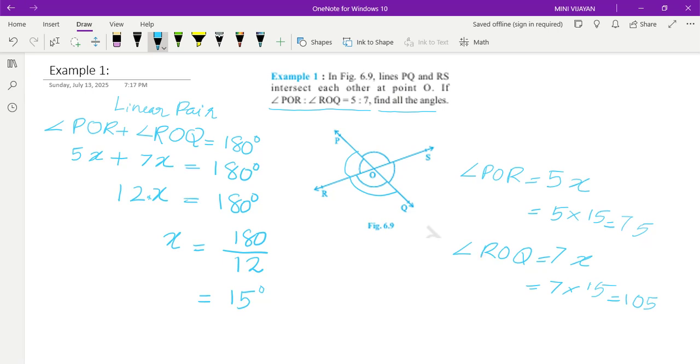So when you add the measures 75 and 105 degrees, you should get 180. Are we getting 180? Yes, 105 plus 75 is equal to 180. So the answer is correct. We can verify the answer in this way.